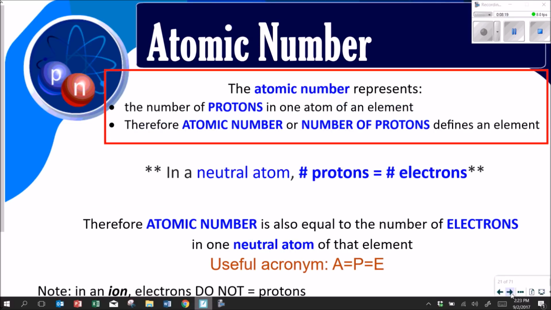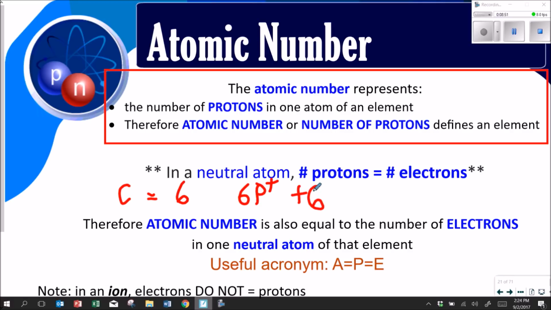So what does the atomic number represent? It is the number of protons in one atom of an element. Therefore, the atomic number or the number of protons will define an element. In a neutral atom, the number of protons and electrons is equal. So if we, for example, take carbon, which has an atomic number of 6, it means that carbon has 6 protons, and therefore the charge, because of the protons, will be +6.